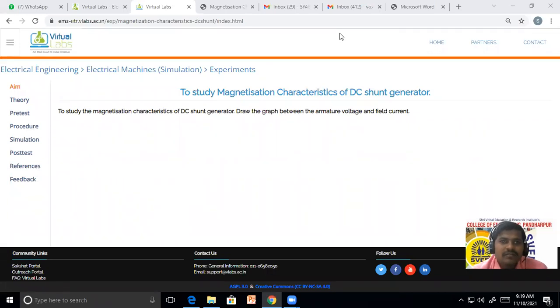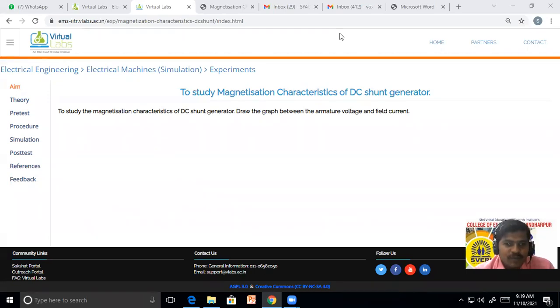Then by varying some quantity, we will take a reading and plot a graph. So this is a virtual, or online, platform instead of a physical one. We already used the online platform in the previous practical.